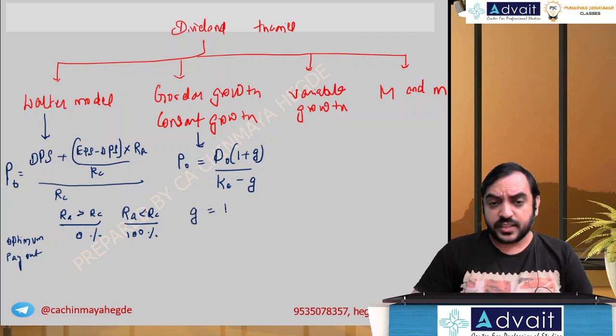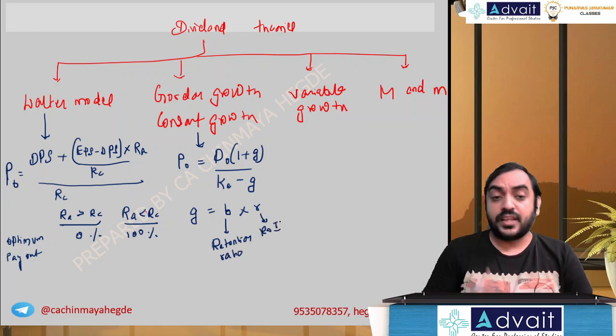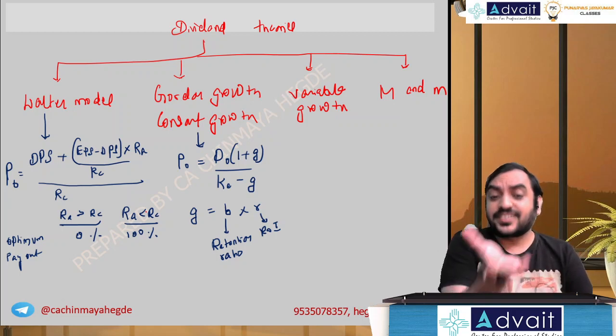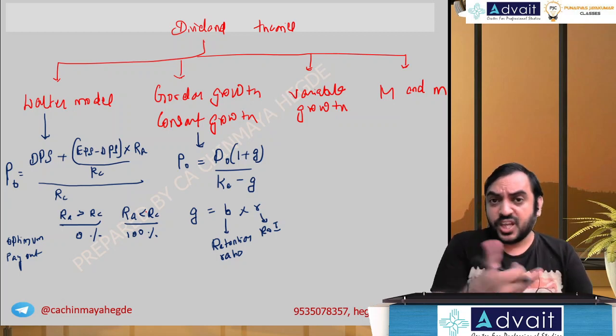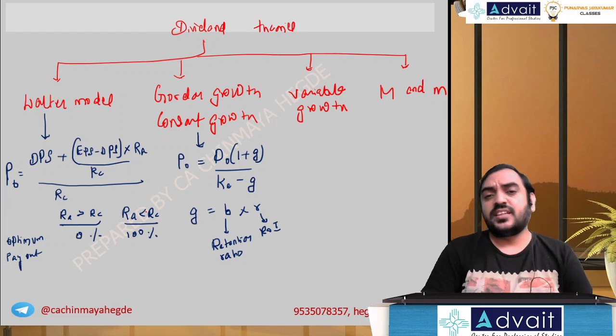So the growth rate is b into r. b is the retention ratio and r is the return on investment by the company. That is the RA I told you, the return on asset for the company when they invest in the project, which is this ROI, return on investment by the company.